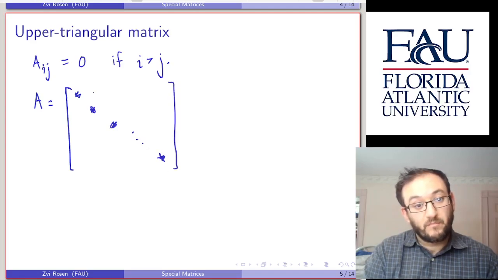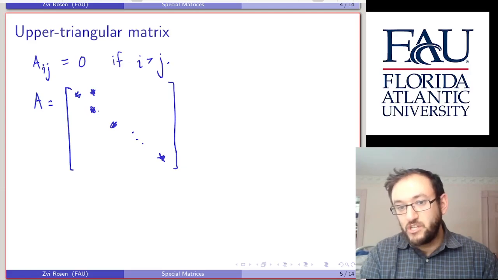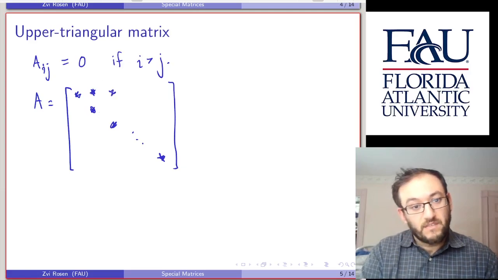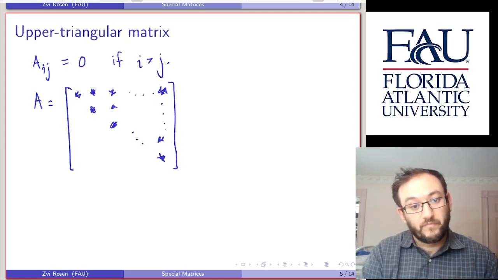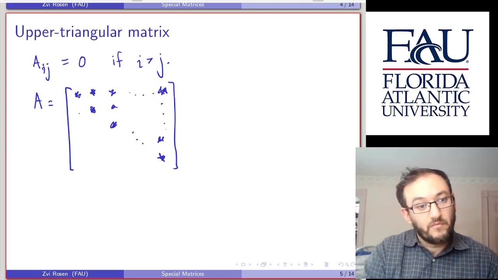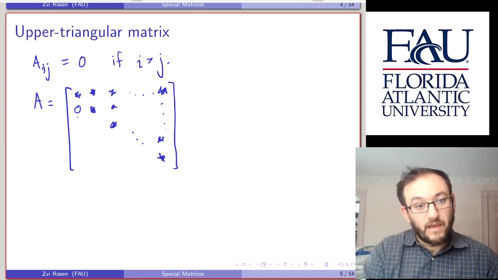Okay. If I'm over here on this part of the matrix, that entry is the 1, 2 entry, so there j is bigger. So this stuff can also be non-zero. But then below the diagonal, i is greater than j, right?